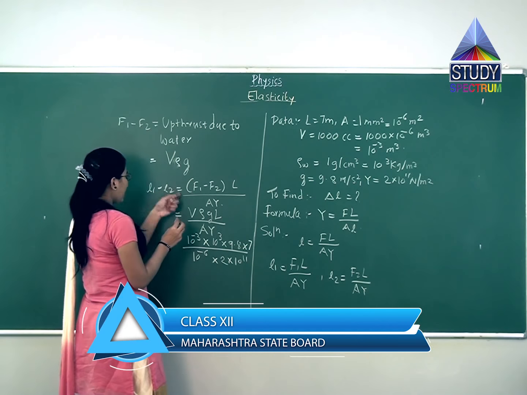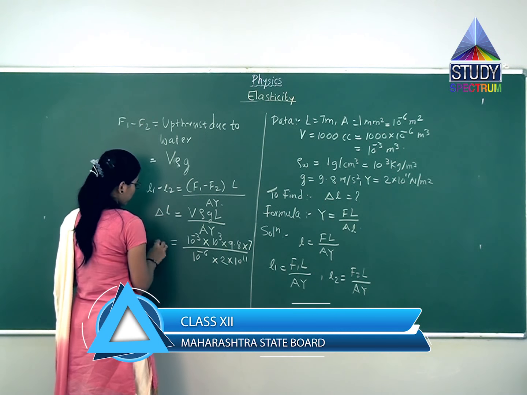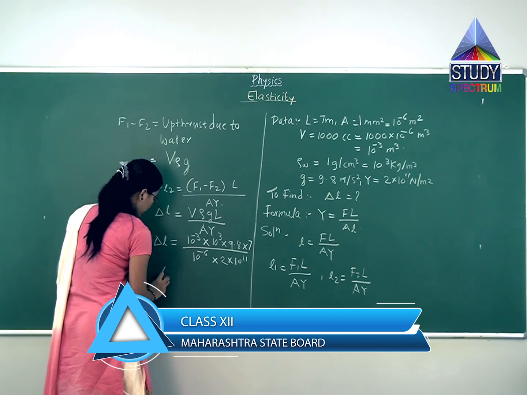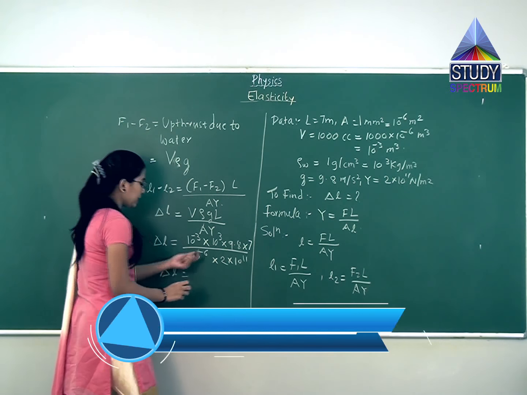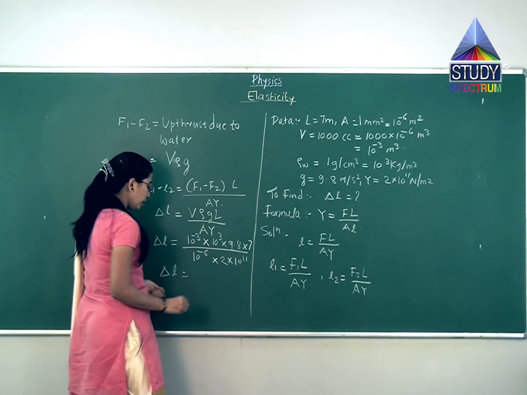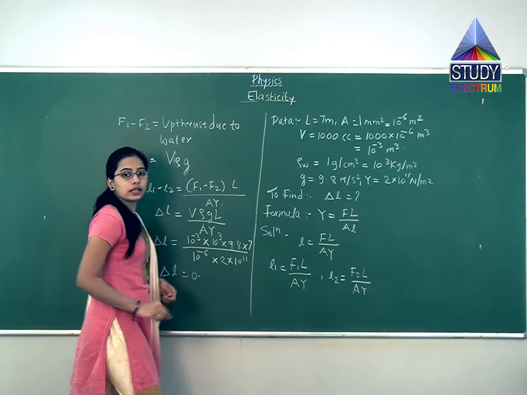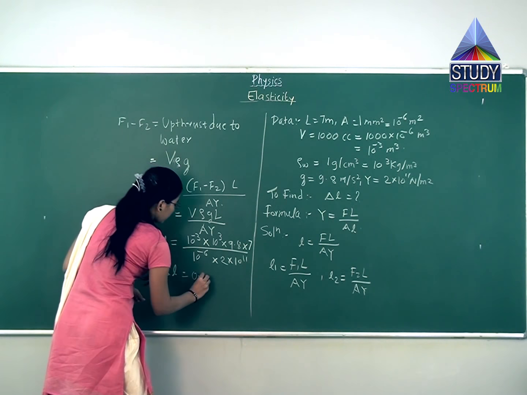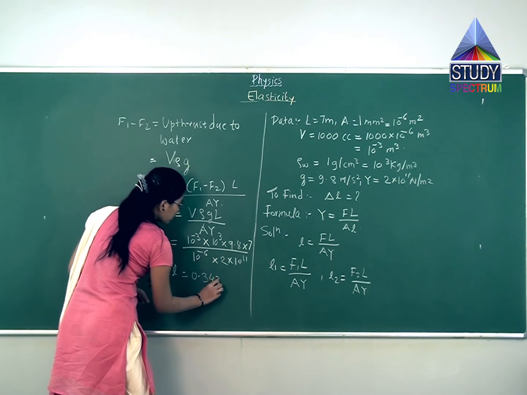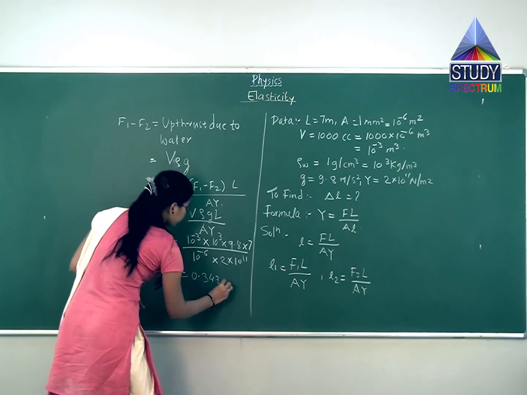So l1 minus l2 is actually the change in length, so it is delta l. By calculating these particular values, you will get the answer as 0.343 millimeter.